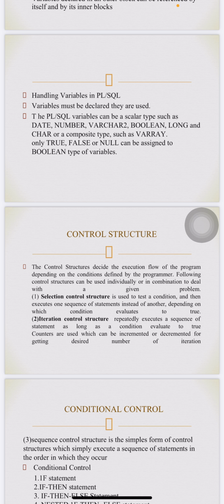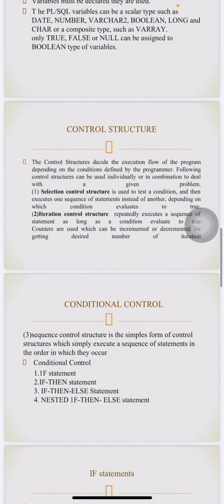Selection control structure is used to test a condition and then execute one sequence of statements instead of another, depending on which condition evaluates to true. Iteration control structure repeatedly executes a sequence of statements as long as a condition evaluates to true. Counters are used which can be incremented or decremented to get the desired number of iterations.